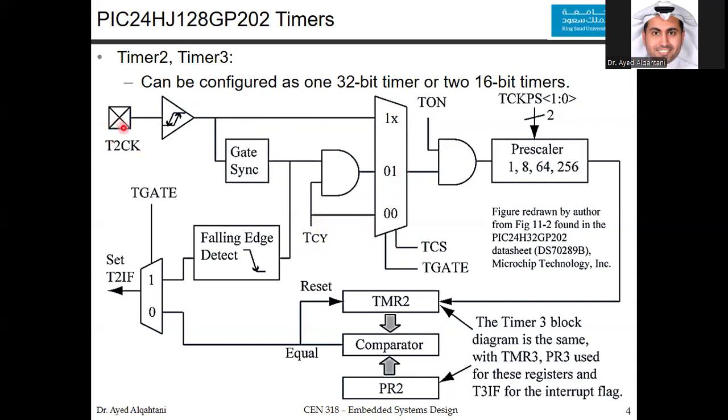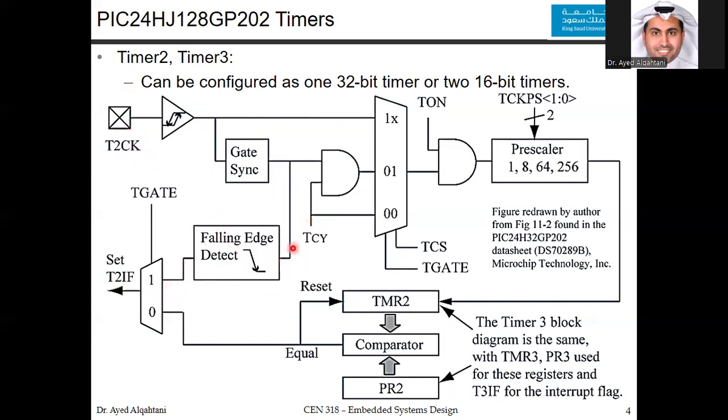If you have, for any reason, chosen the external clock source, then you will have this Schmitt buffer to sharpen the edges, and then you have a block for synchronizing the clock if you need that. Also, you might have other blocks for the falling edge detection when you try to feed the interrupt flag outside, but this is only if you choose the external source.